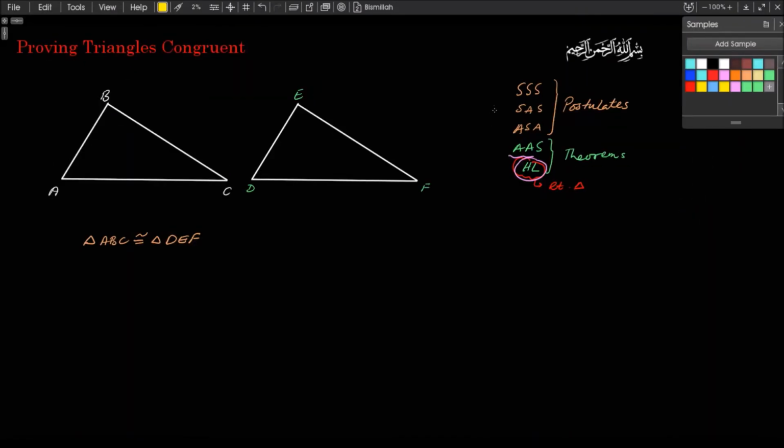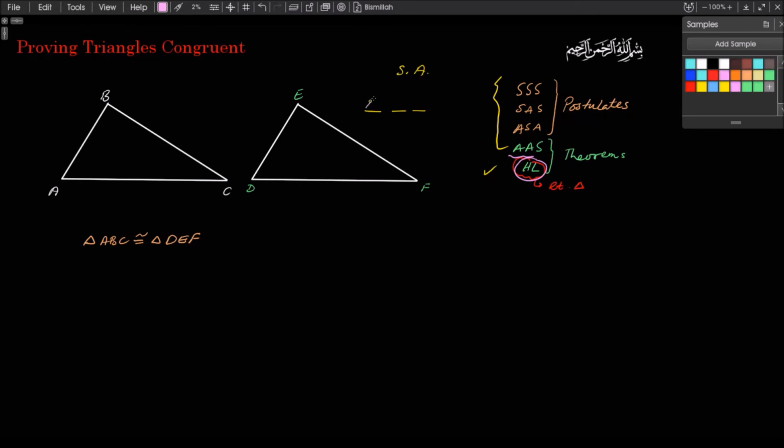Now, this seems like a lot to remember, right? But they're not so bad, actually. Because the last one is, of course, a special case, hypotenuse-leg. So we really only have four others to remember. The way I remember this is pretty easy. All of these are some combination of side and angle. You put these two letters together in any particular order, as long as you don't spell a bad word, if you know what I mean.